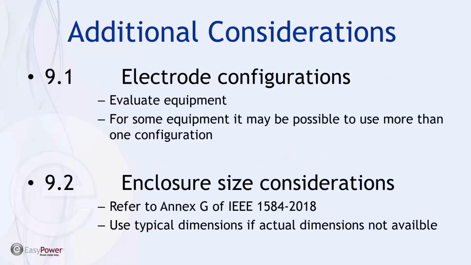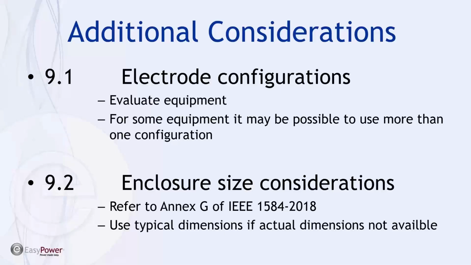Then Clause 9 has additional considerations for electrode configurations. And here there's not much change in guidance in how to deal with electrode configurations, other than to refer to 1584 and Annex G, where the discussion is in the standard.